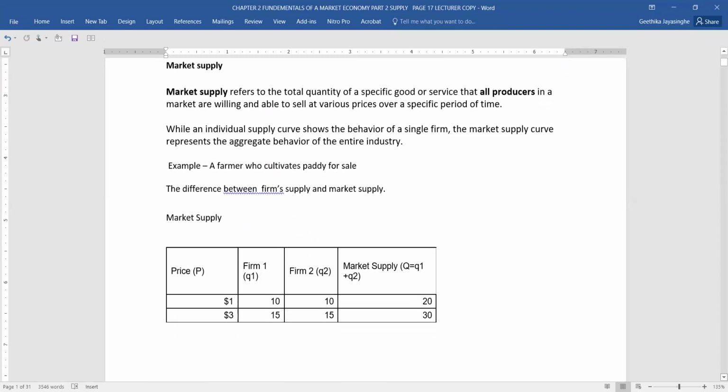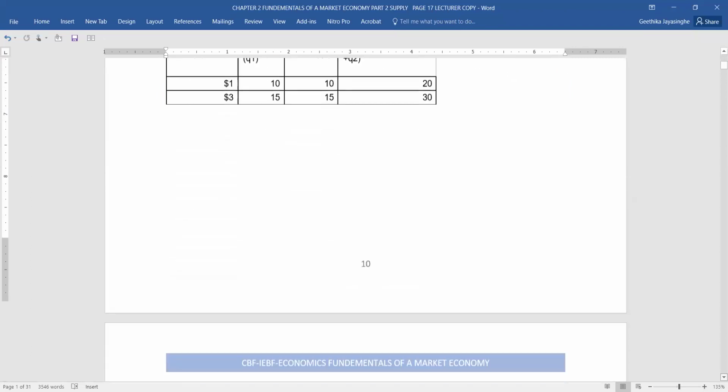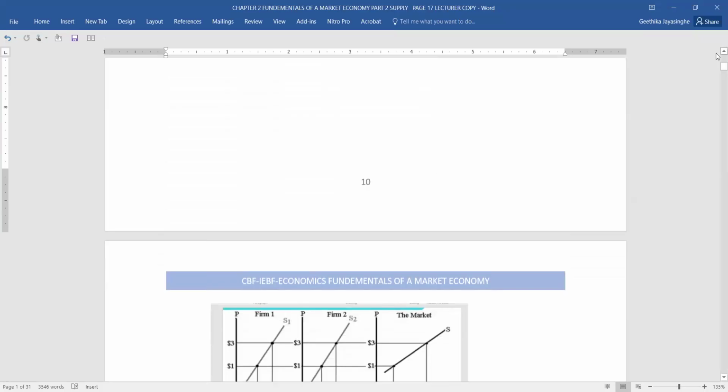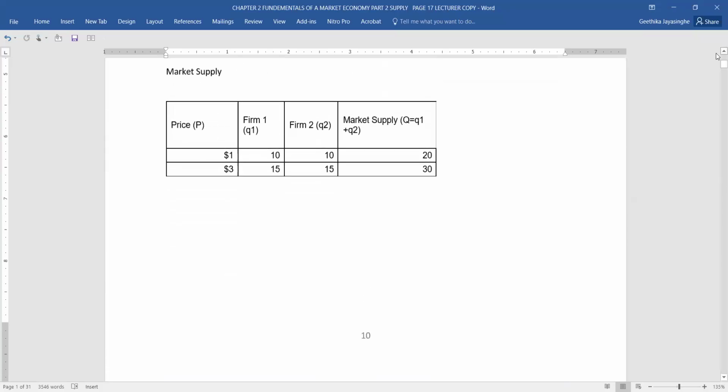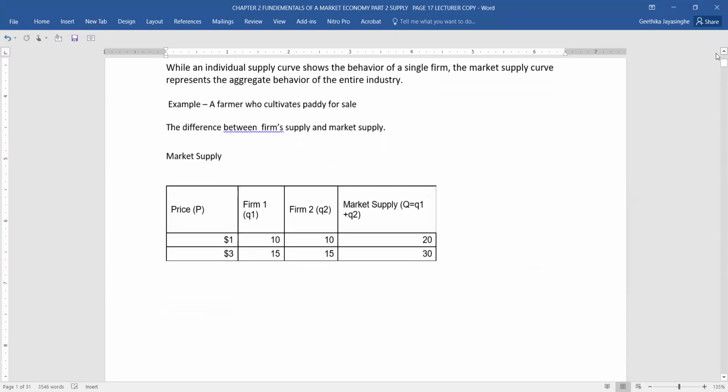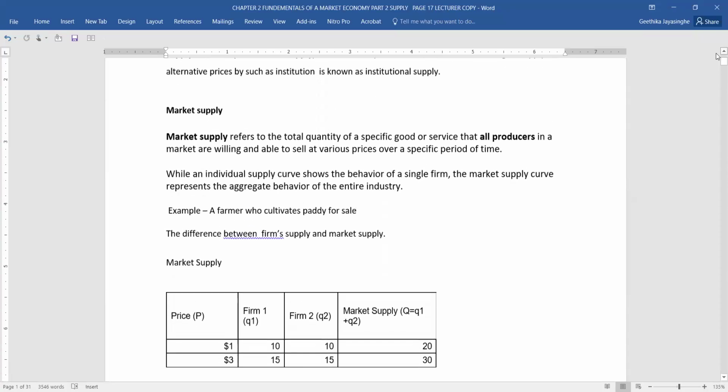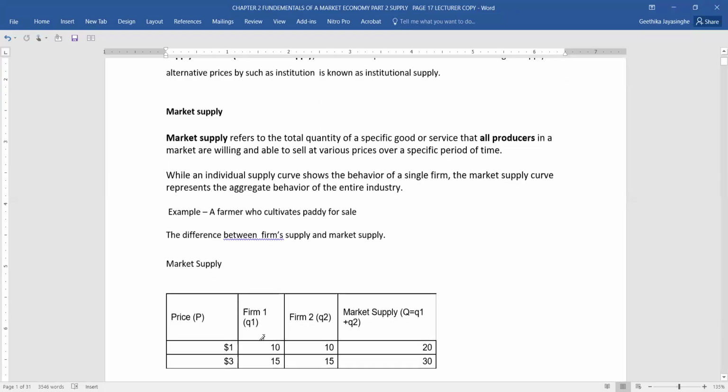What is firm supply? As an individual, what you will be able to sell. So there is firm one and firm two. I think you have a blank space, just fill this in for me.